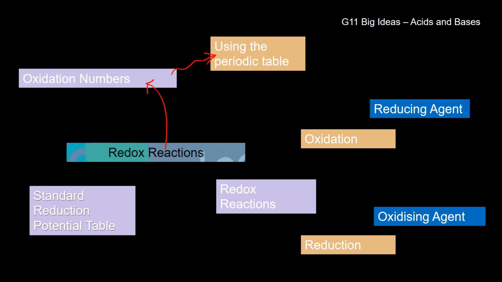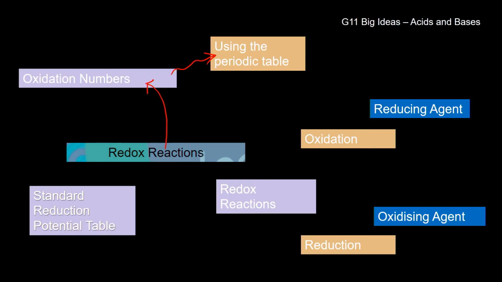We normally get a periodic table in with our data sheets, and that periodic table, if you know how it works, is extremely useful. The other thing we need to then look at is the actual redox reactions and what does that encompass. And so redox reactions will have one half reaction of oxidation and another half reaction of reduction.